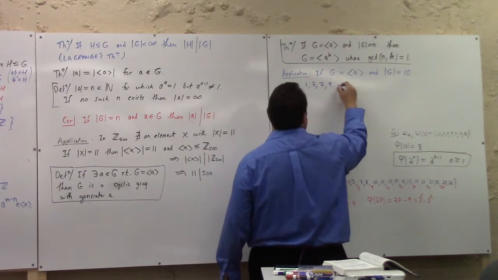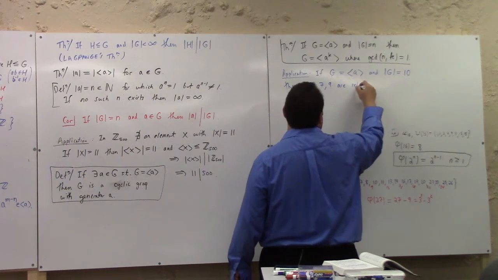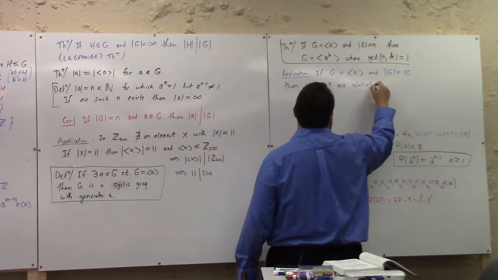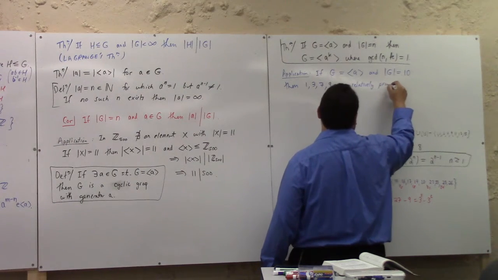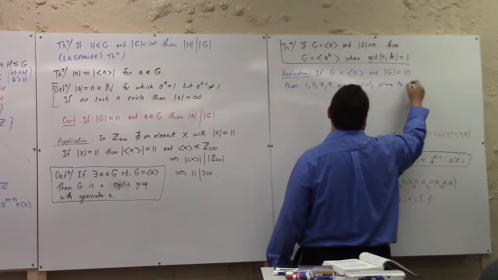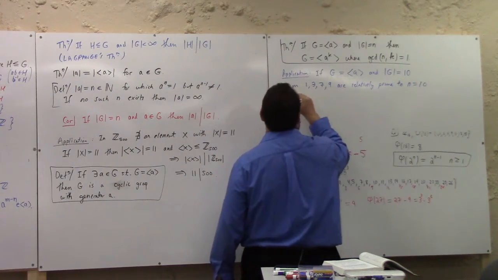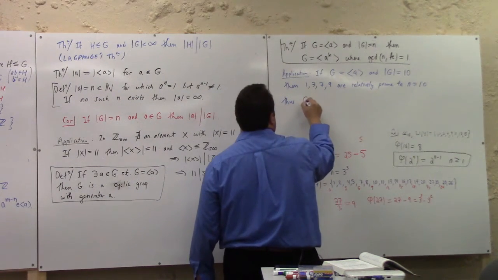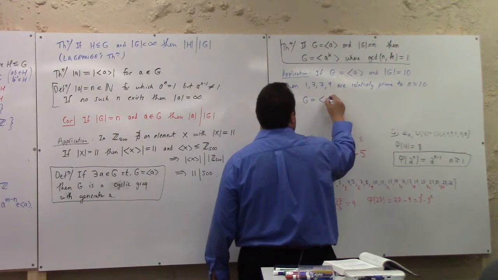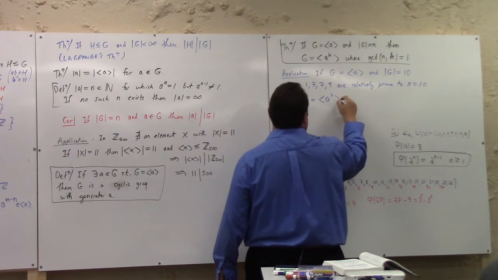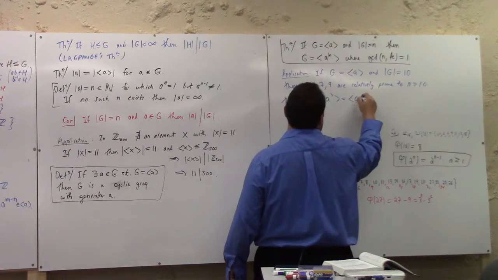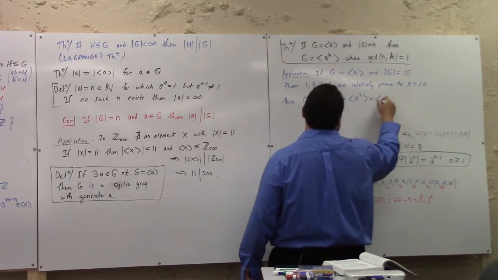So these are relatively prime to n equals 10. Thus, G is also equal to the set generated by a cubed. It's the set generated by a to the 7th. It's the set generated by a to the 9th.